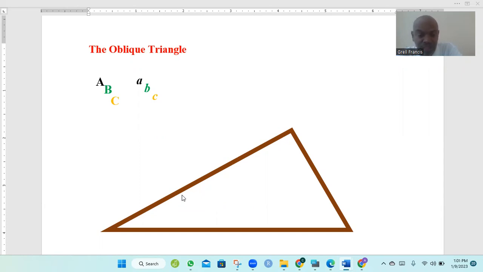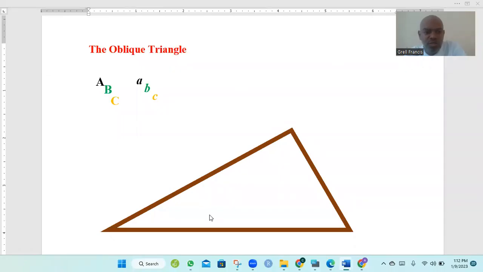I repeat, the uppercase letters will be used for the angles, 1, 2, 3 angles, and the lowercase letters will be used for the sides, 1, 2, 3 sides, and that's why it's called a triangle. Tri means three: a shape with 3 angles, a shape with 3 sides. So please draw the triangle.